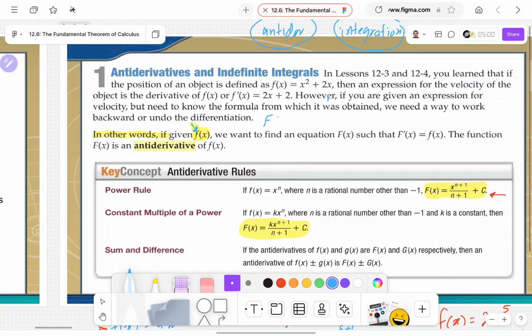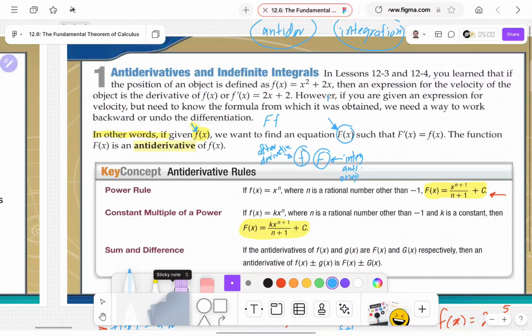When you see f small x, the equation is after the derivative. But the f capital is the integration or the antiderivative, the original equation before we derived.